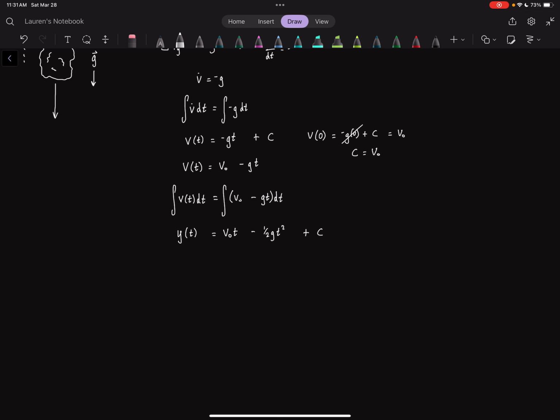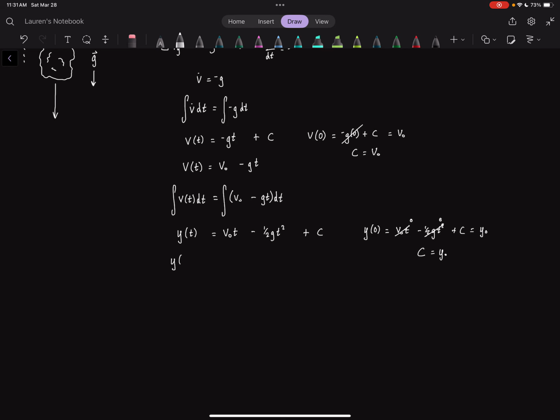And again, for our initial condition, at time t equals 0, the position is y naught. In this case, both these terms go to 0, and we're left with c being equal to y naught.